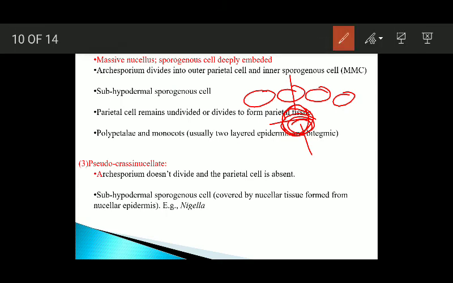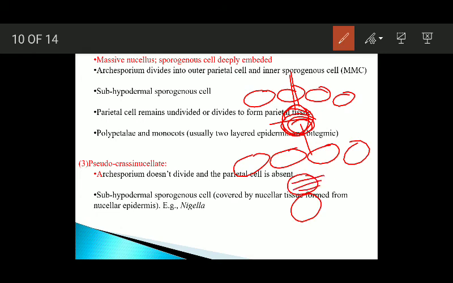The primary parietal cell here remains undivided, or in some cases it divides to form parietal tissue. This is the primary parietal cell. Now we have this megaspore mother cell. It divides multiple times and forms additional layers of nucellus, so that this megaspore mother cell gets deeply embedded within the nucellus.